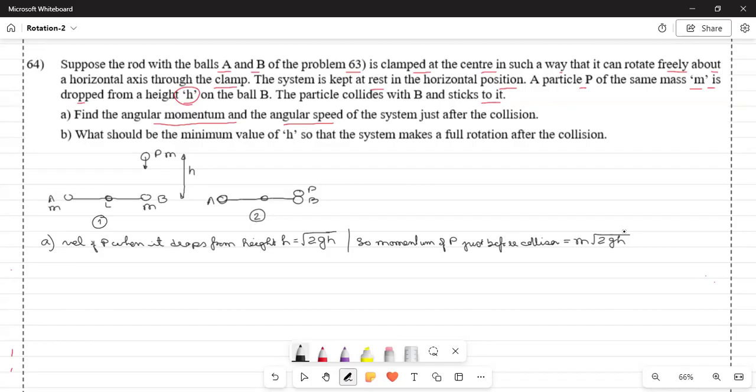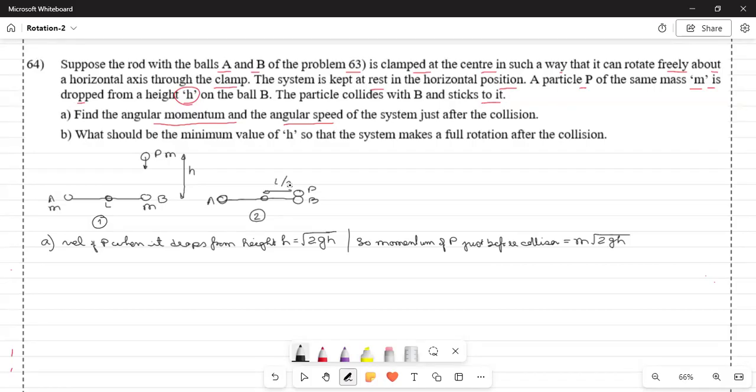And this momentum of P creates the angular momentum. And we know angular momentum is the linear momentum multiplied by the distance from the axis, which is L by 2.